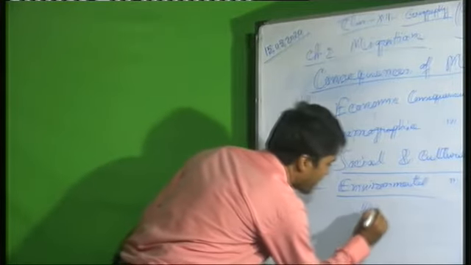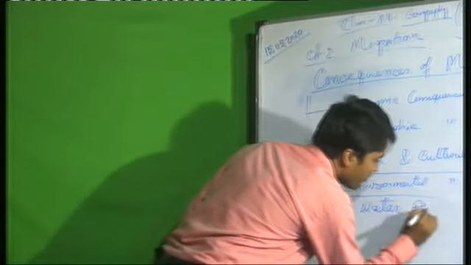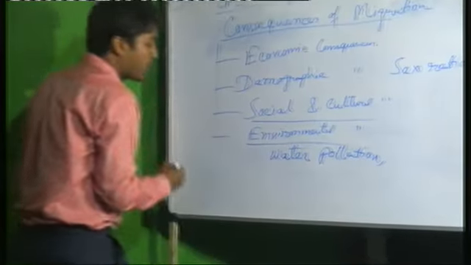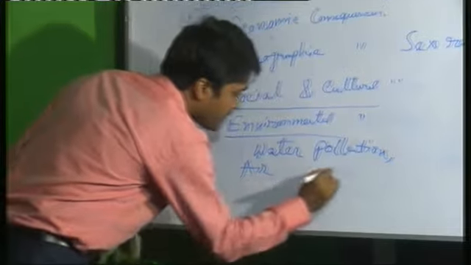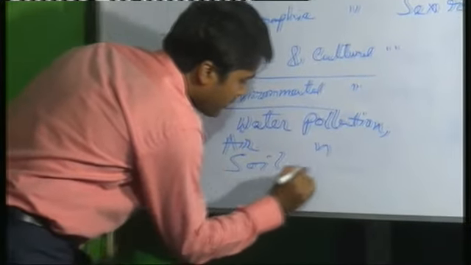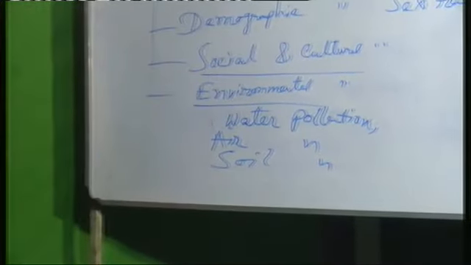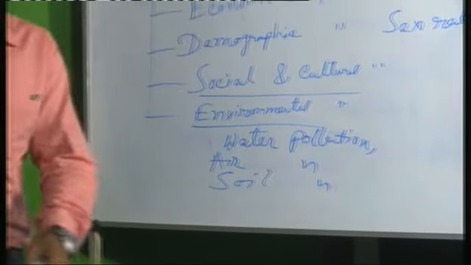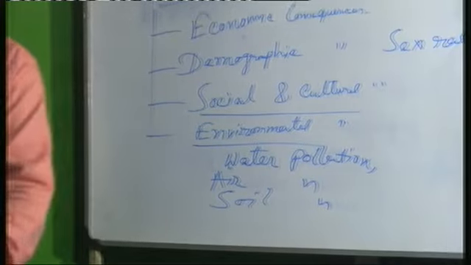That means different types of pollution, water pollution, air pollution, soil pollution, land pollution also occur. This is the environmental consequences of migration.